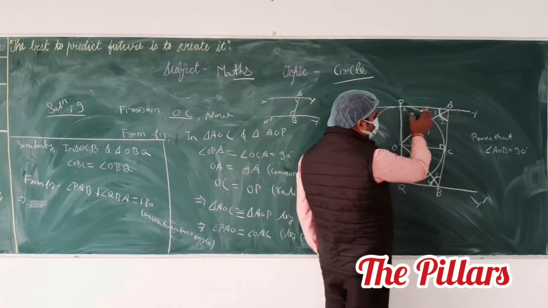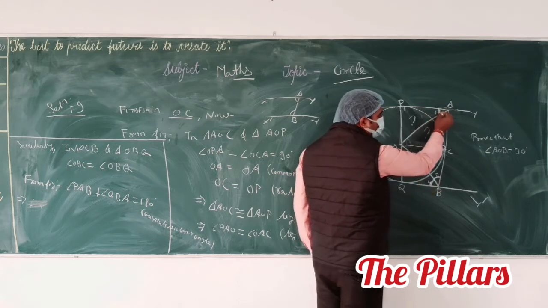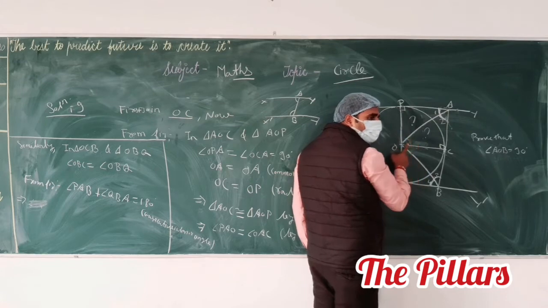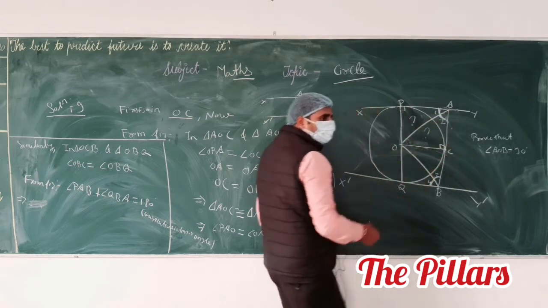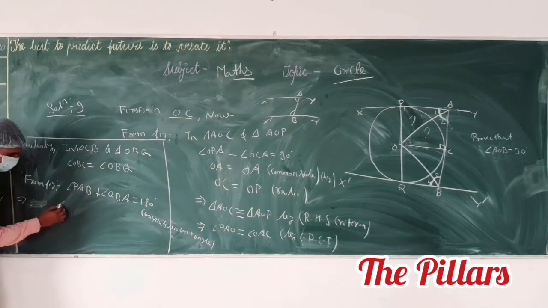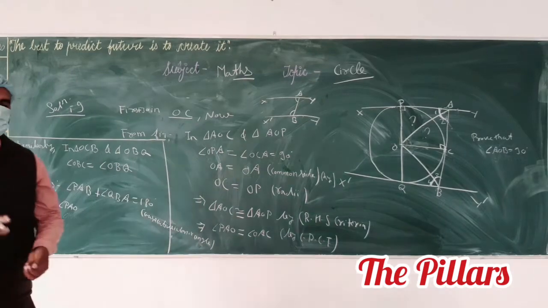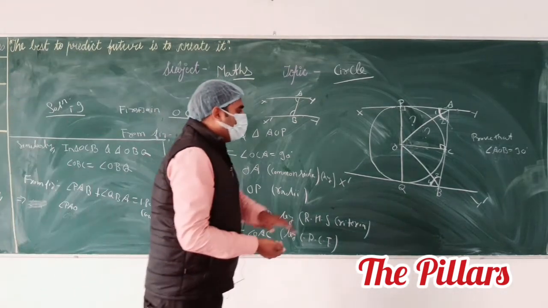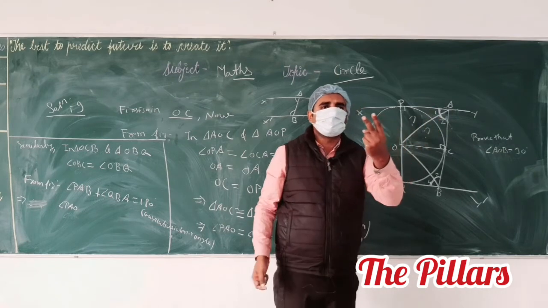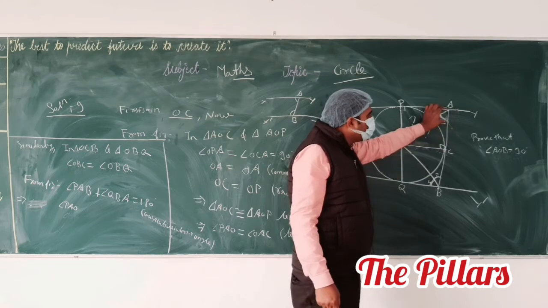At the place of PAB, we have to distribute into angle 1 plus angle 2. And angle 1 is PAO plus angle OAC. Listen to me. In angle PAB, we have to distribute in two parts, PAO plus OAC. This whole value is equal to PAB or not?